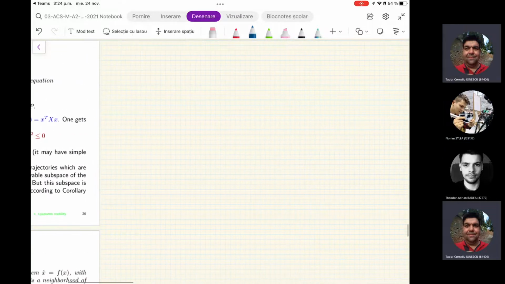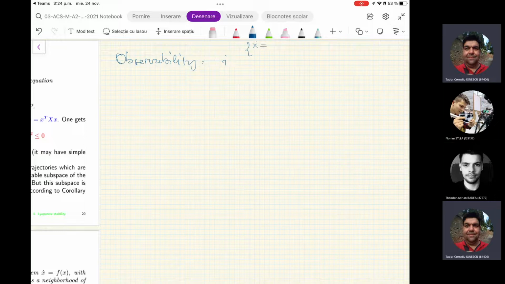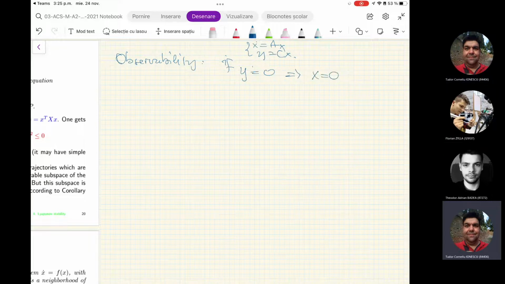So essentially, observability: you have the system x dot is Ax and y is Cx. If y is 0, it implies x is 0.